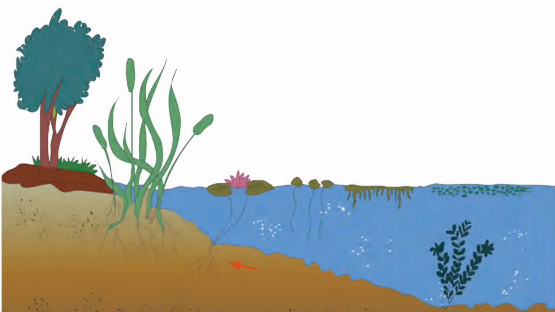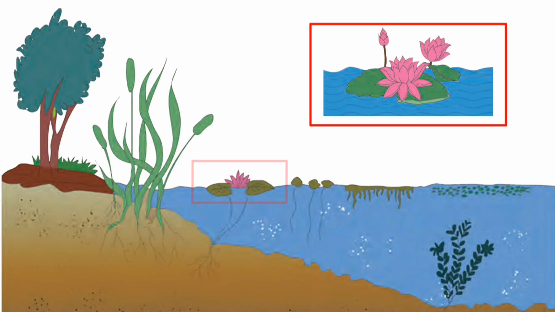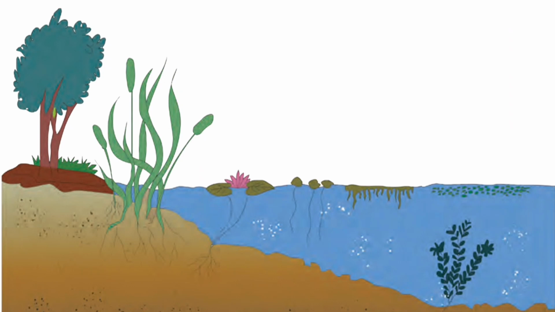Some of the aquatic plants are firmly rooted in the soil at the bottom of the water bodies. Their stems are submerged while leaves and flowers float on surface. However, some plants are entirely afloat. Their roots are not anchored in the soil.